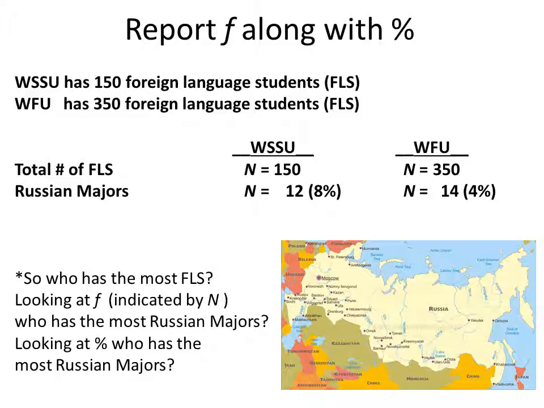If we look at our frequency, we see that Wake Forest has the highest frequency of Russian language majors. But if we look at percent, we have a higher percentage of Russian majors at WSSU. So you now see why we should report our frequency along with our percentage.